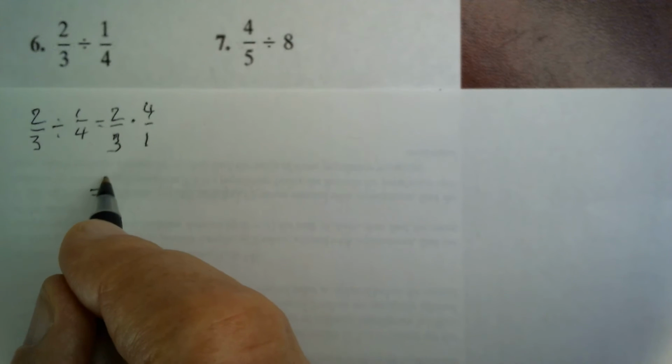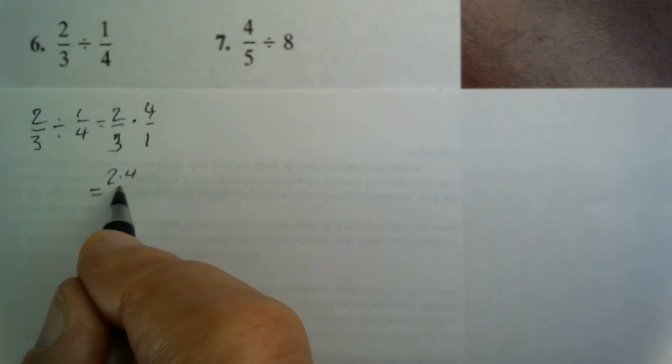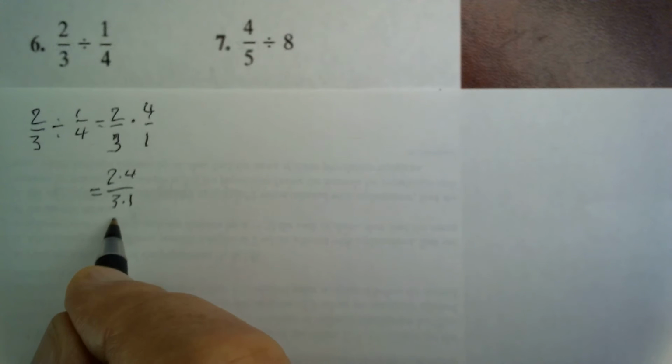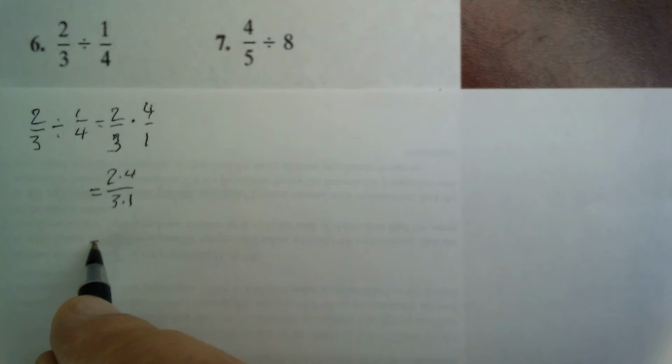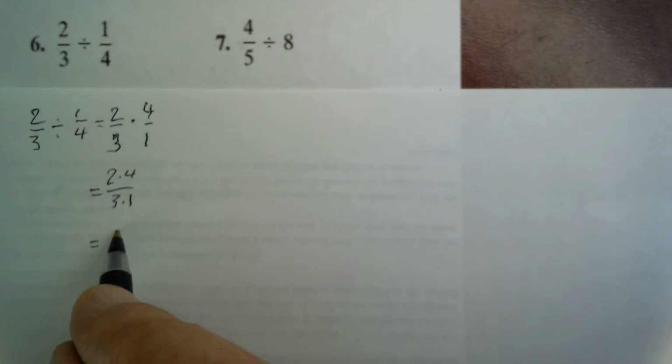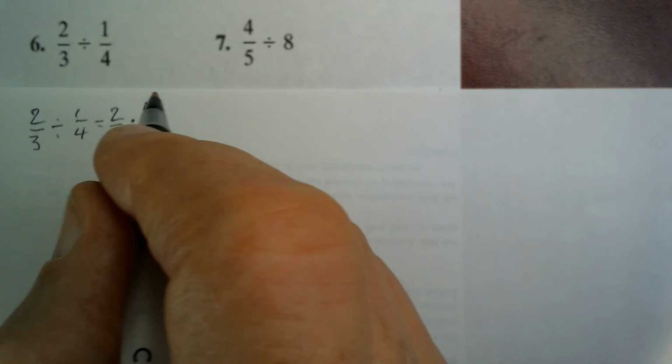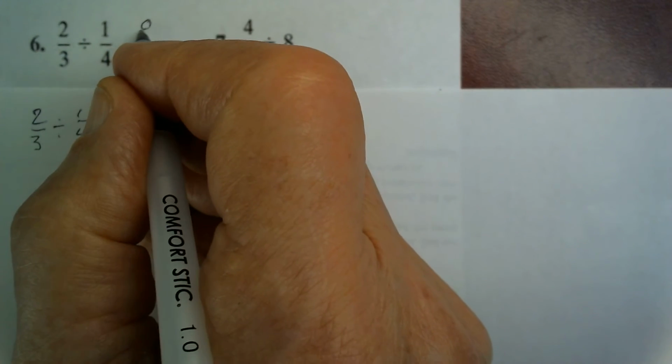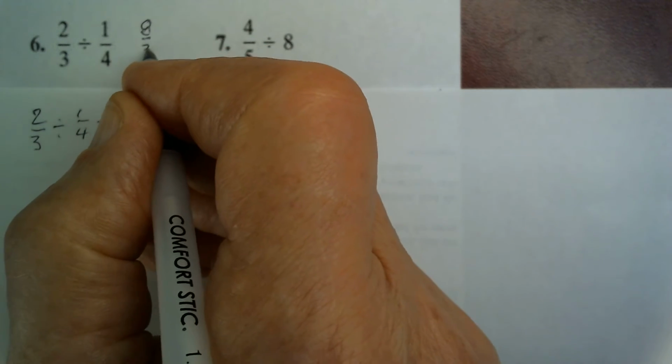And so that means 2 times 4 divided by 3 times 1, or simply 8 divided by 3. 2 times 4 is 8, and 3 times 1 is 3. So that's the answer for number 6. 8/3, or 8 divided by 3.